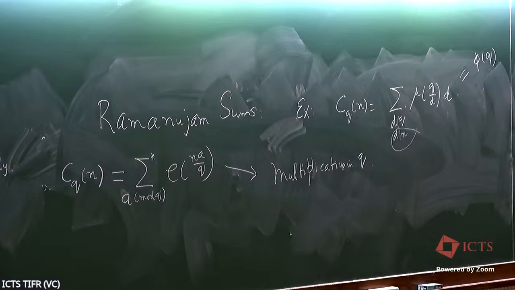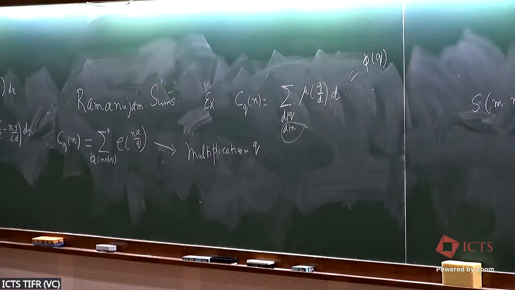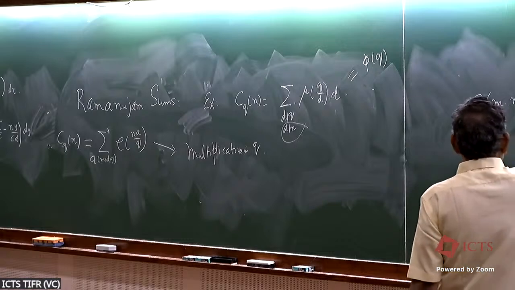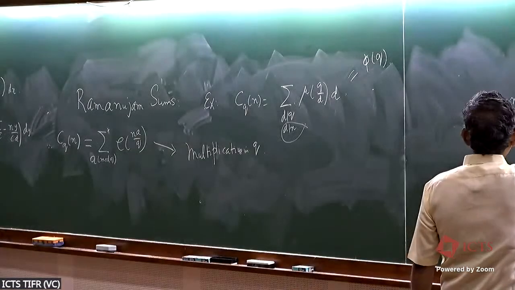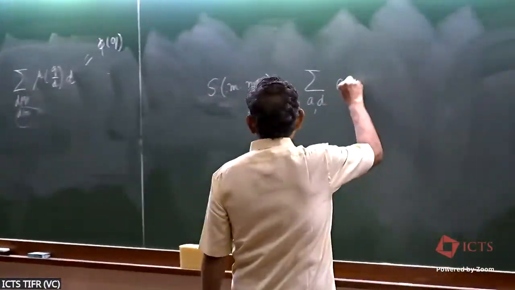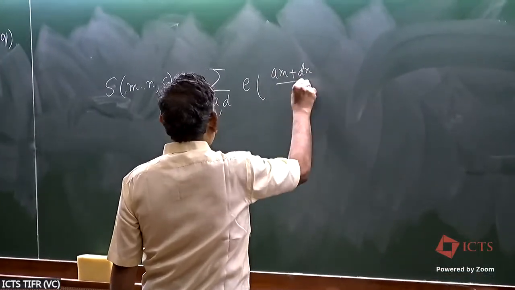Okay. Now one needs actually one more sum, which is called the Kloosterman sum. And Ramanujan sum is somewhat a special case of the Kloosterman sum. And this Kloosterman sum is defined by the summation over a, d of e((a m plus d n) divided by c).